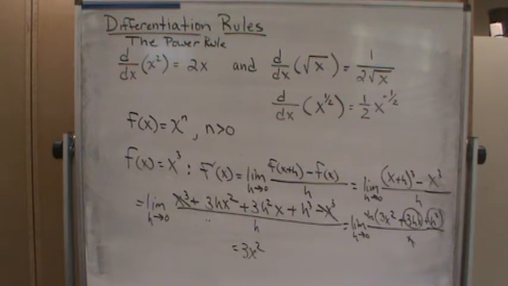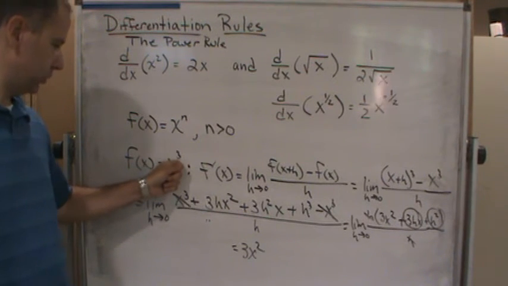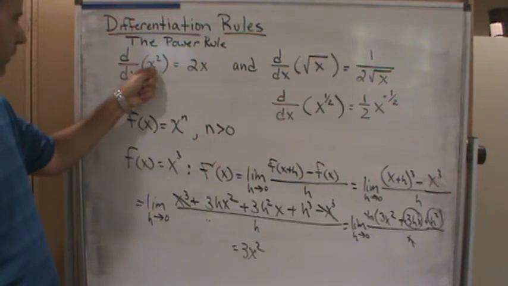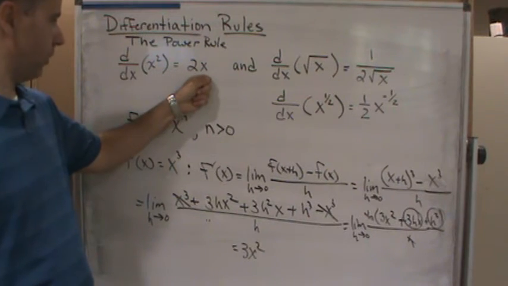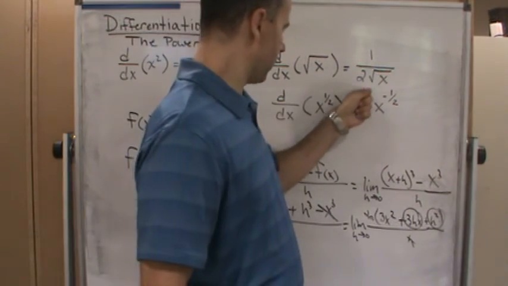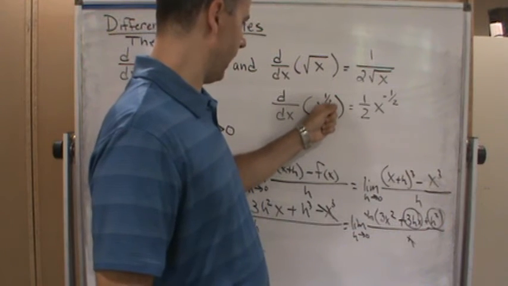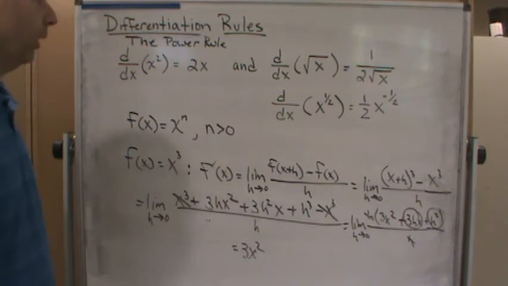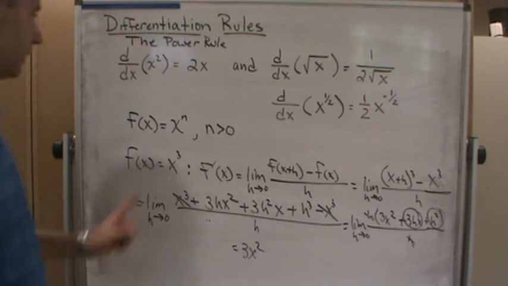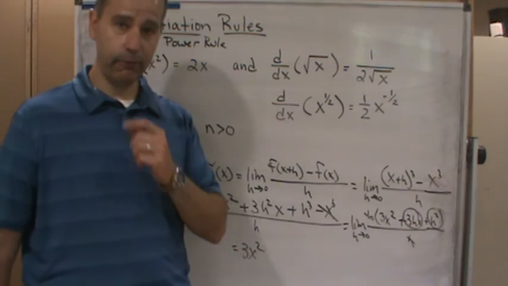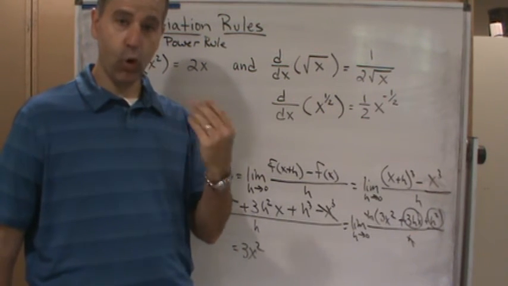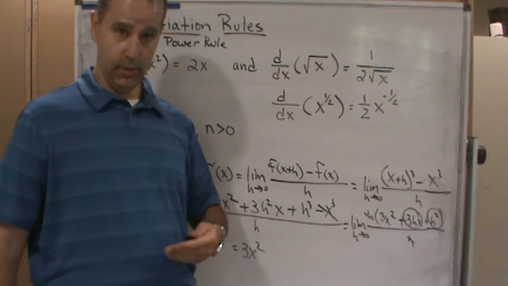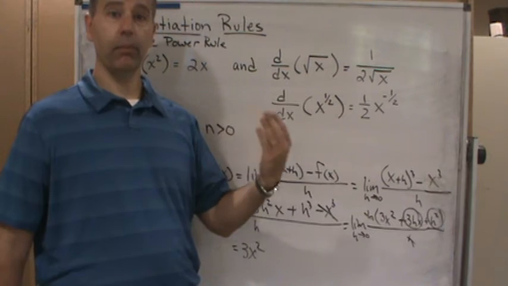Okay, so notice that we started with x cubed and ended with 3x squared. Notice here when we started with x squared, we ended up with 2x. And over here, we started with x to the 1/2, and we ended up with 1/2 x to the negative 1/2 power. Okay, so notice the pattern. It looks like, and again, be careful because we normally would not just generalize based on examples, okay?